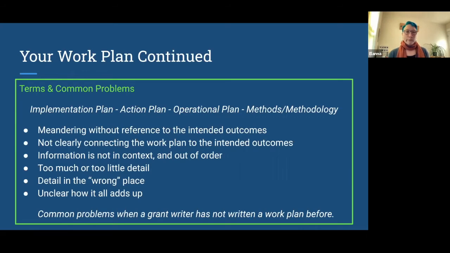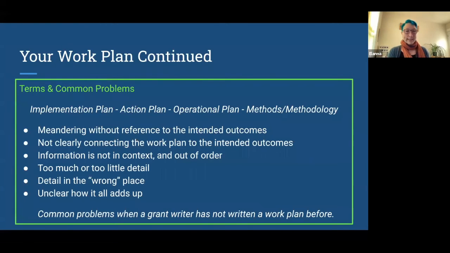So, things to look out for. Don't meander without reference to the intended outcomes. Some things that you want to avoid also are not clearly connecting the work plan to the intended outcomes. Information is not in context and out of order. Too much or too little detail.